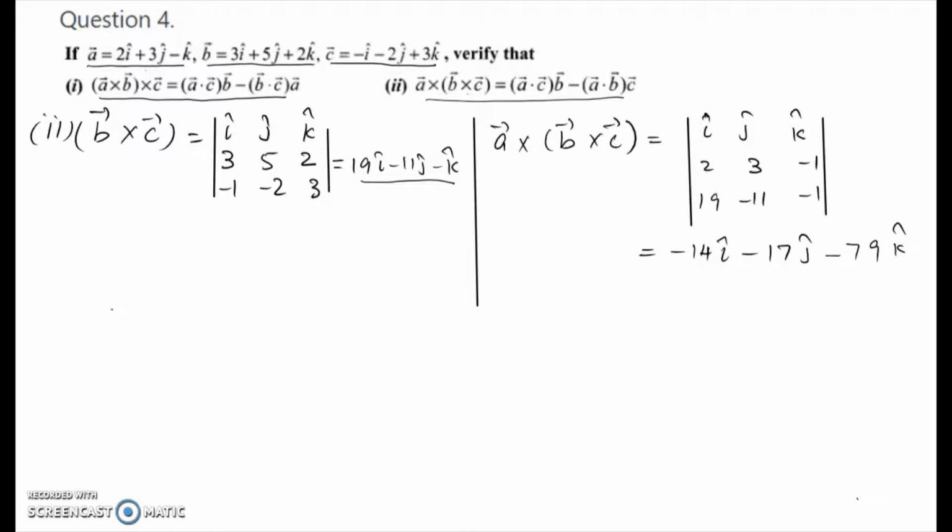Okay, now let's do the right hand side. This is our left hand side. So right hand side would be A, C. I'm just bringing whatever was up there.